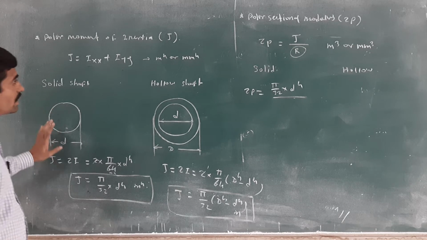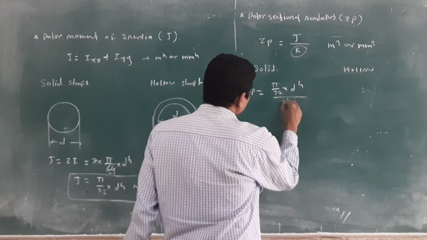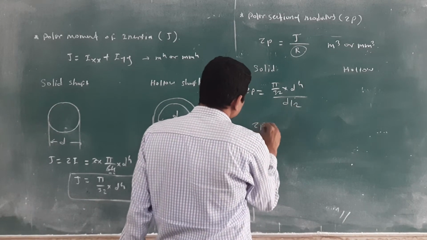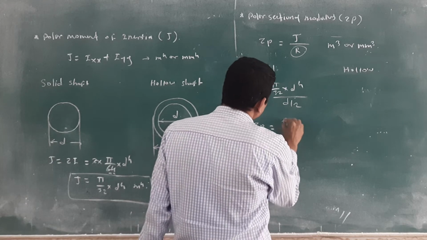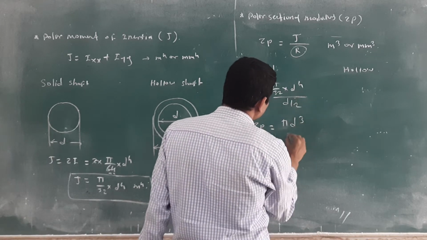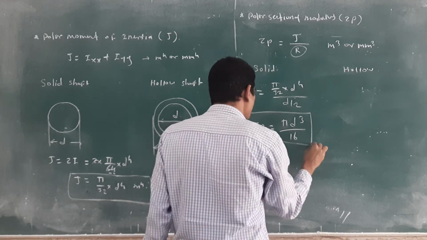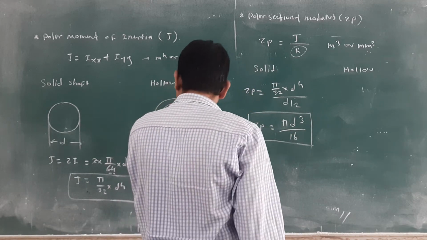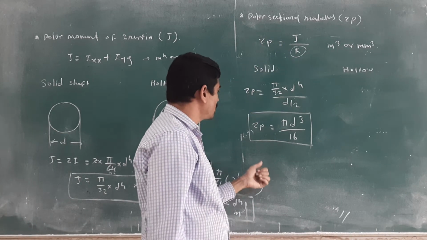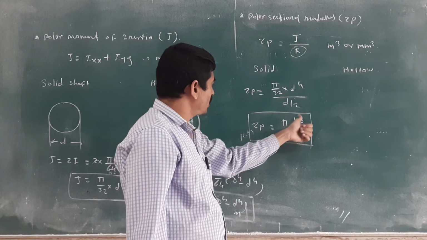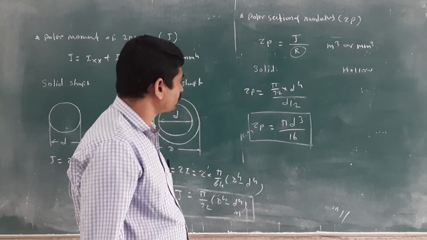D by 2. Then what will you get for ZP? Pi d cancels. You will get d cube divided by 16. Okay, you should remember this value. You will get the direct answer. For the polar sectional modulus, ZP is equal to pi d cube divided by 16.